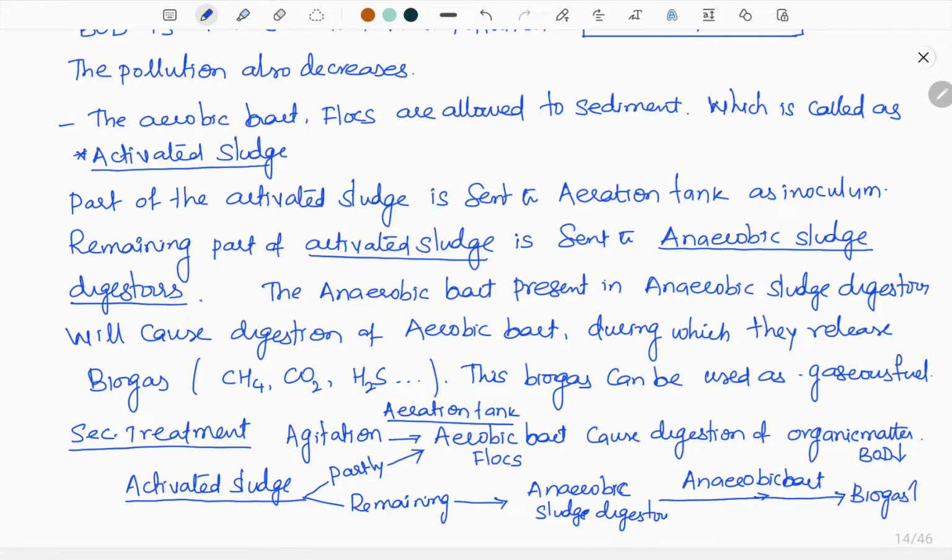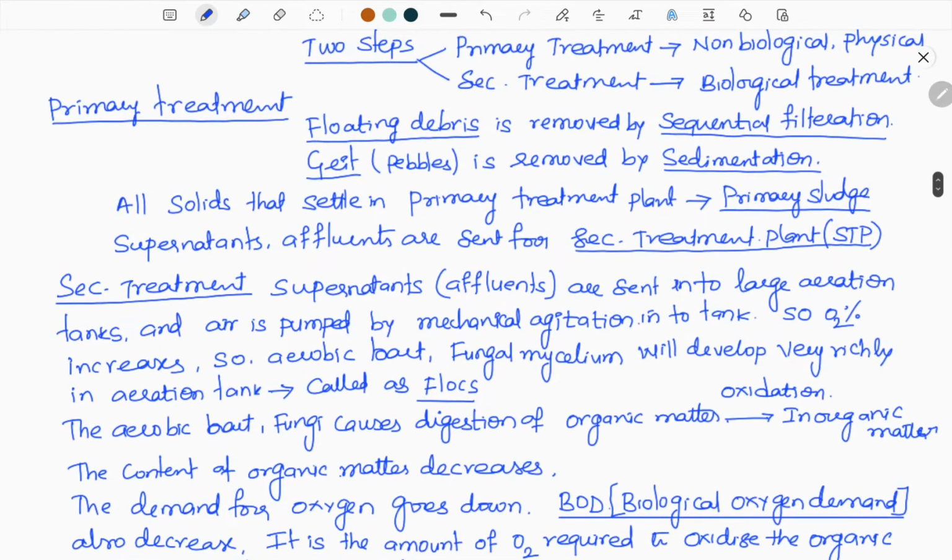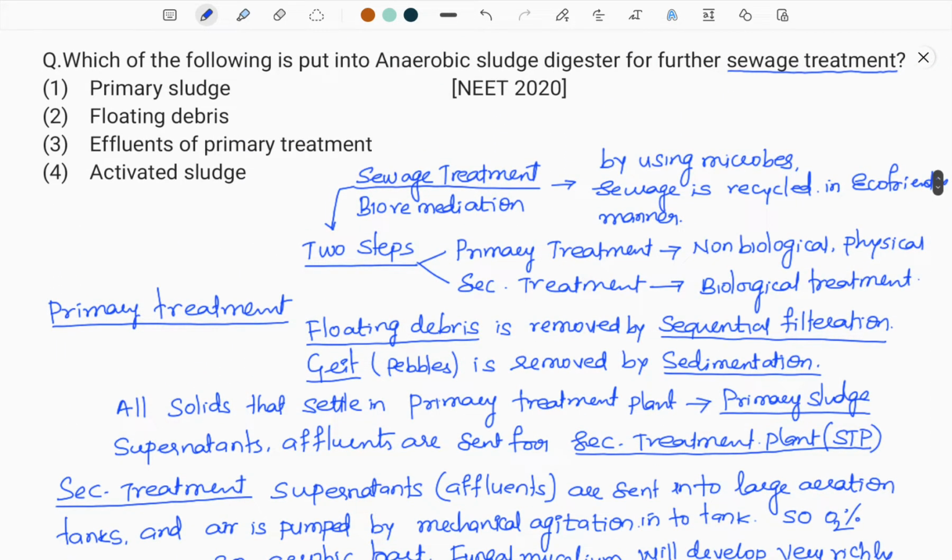Biogas liberates. So anaerobic bacteria are acting upon the activated sludge in the anaerobic sludge digester. So this is the explanation for the biological treatment of sewage. It is also called bioremediation. Really, it is a very, very important question in +2 biology.